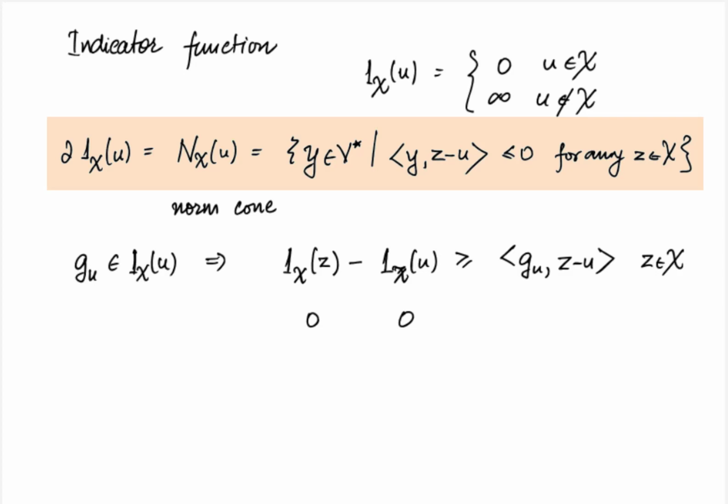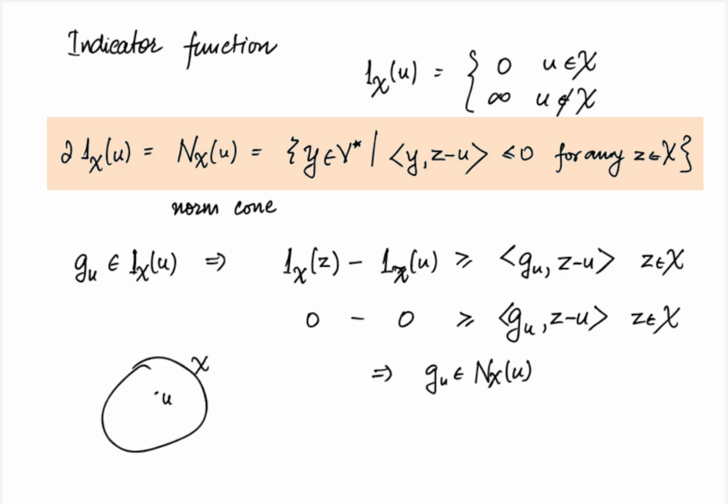So it means that the subgradient is any vector that satisfies the inner product of g_u comma z minus u is less than or equal to 0 for all z in calligraphic X. And this is nothing but the definition of the norm cone. So in other words, it means that g_u belongs to the norm cone of calligraphic X at u.